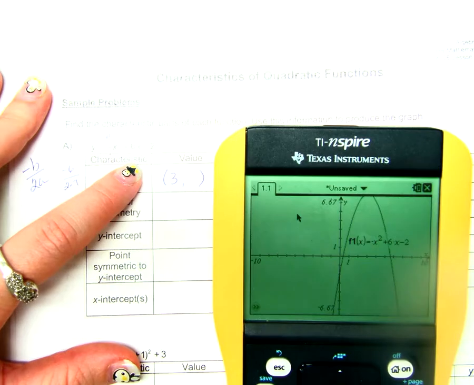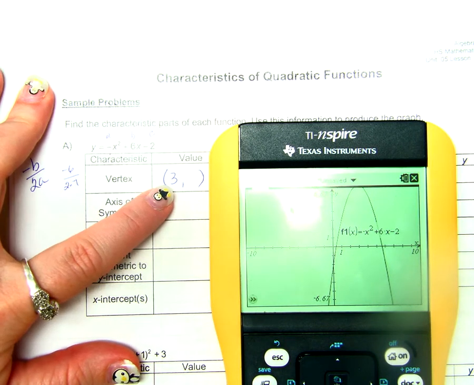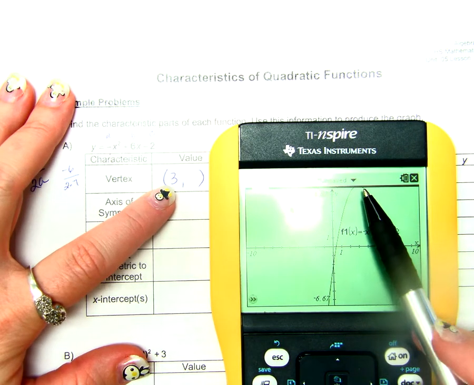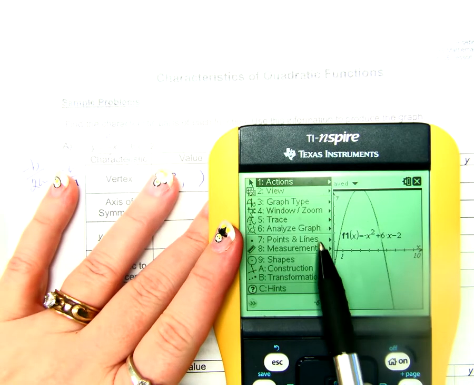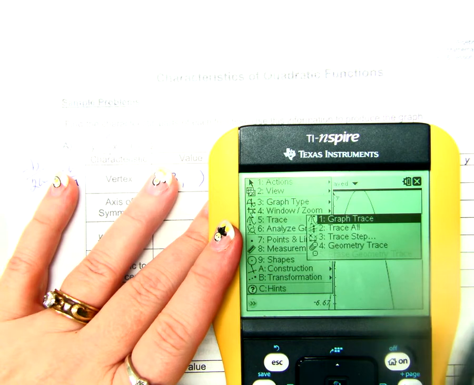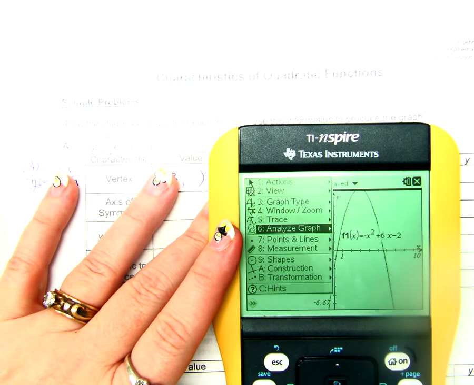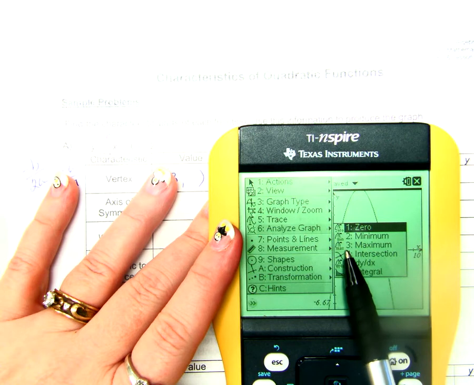Did you expect it to be upside down? Good. Okay. I could calculate my maximum. I could do menu, do some analysis of my graph, like number 6. And calculate my maximum. See that? That's my maximum point.